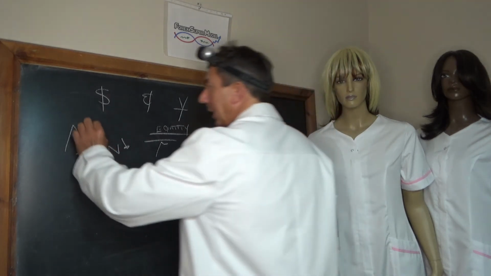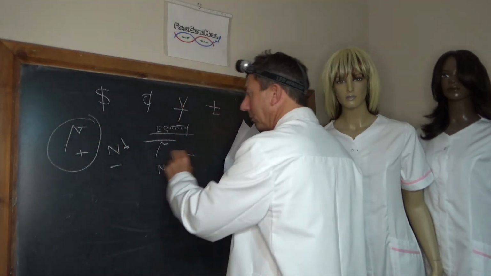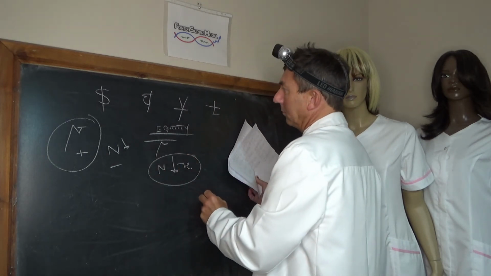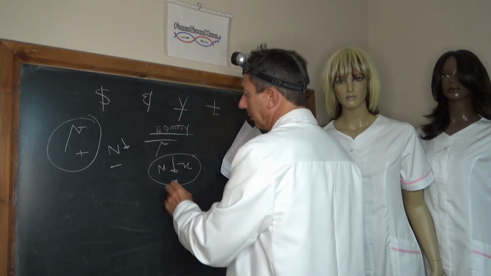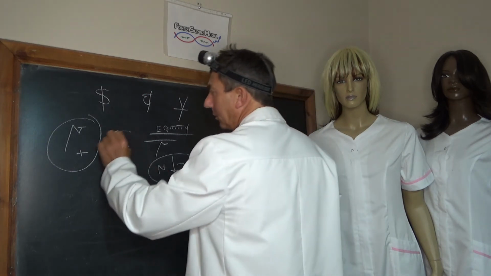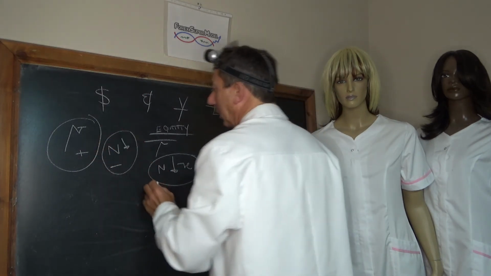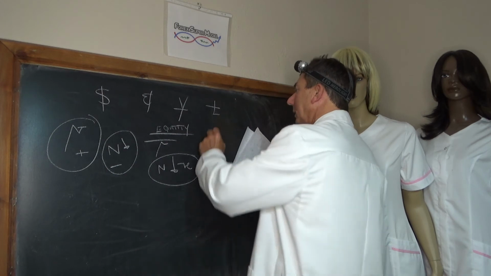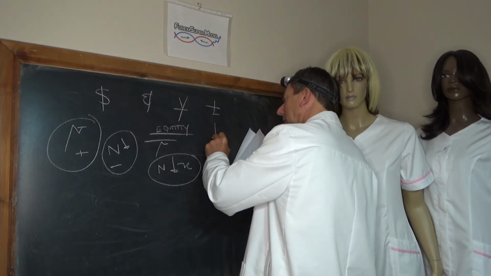So you've got flows into the dollar, out of the yen, possibly neutral, out of the euro in a neutral manner, and we're likely to see flows out of the pound.